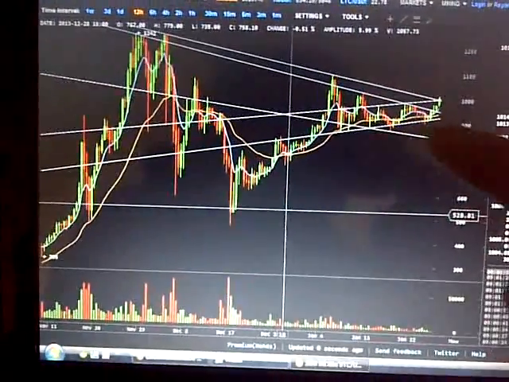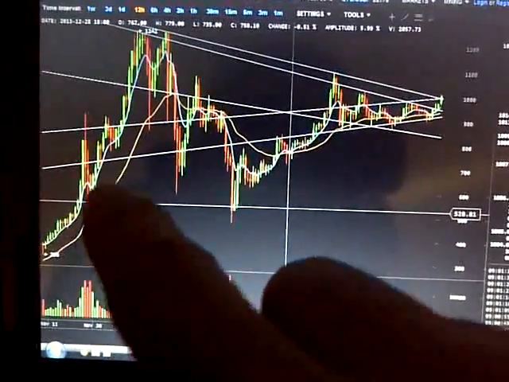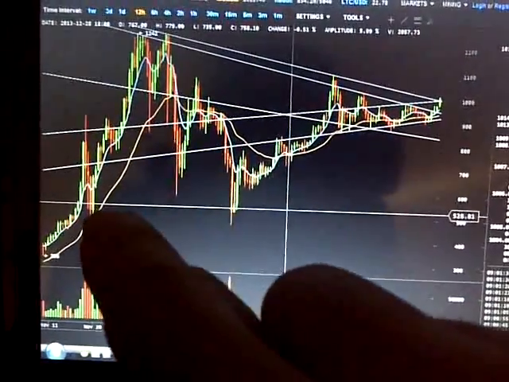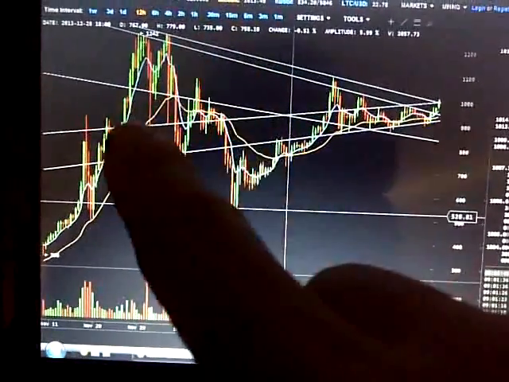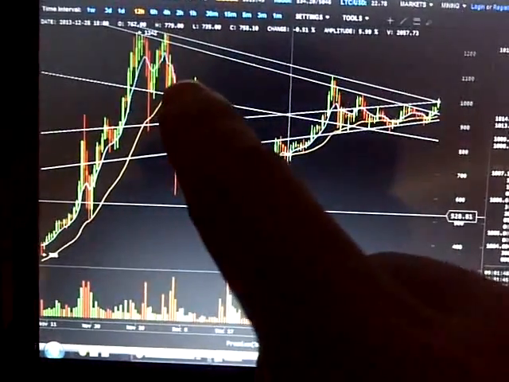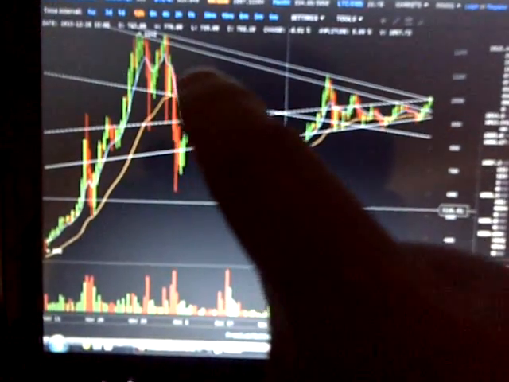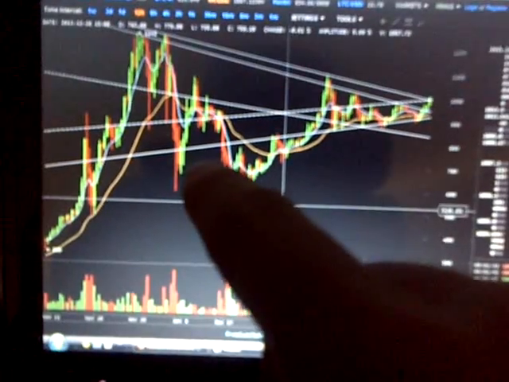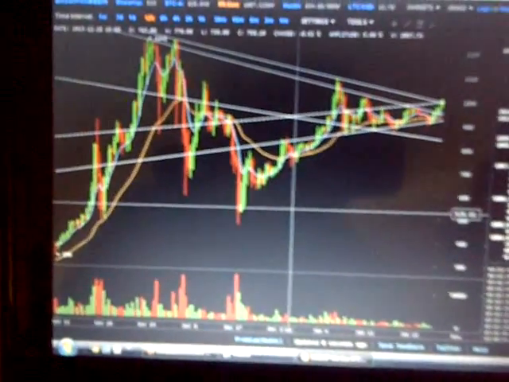Same thing for going down, typically on an up channel. If you put a line here and here, as it hits the lower support of an up channel, it'll break out of that channel and then go the other way. So there's a style called breakout trading.